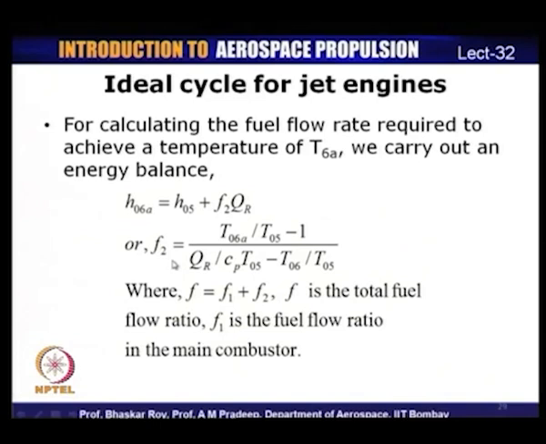So, the basic cycle analysis remains the same as we did for the basic turbojet cycle. The difference is that in this afterburner we have an additional fuel added, and therefore, we have to calculate the additional fuel that is added as well as the temperature at the nozzle entry. The stagnation temperature at nozzle entry is going to be different. Based on that we can calculate the exhaust velocity UE, which in turn we can use to calculate the thrust, the fuel flow rates and the efficiencies.